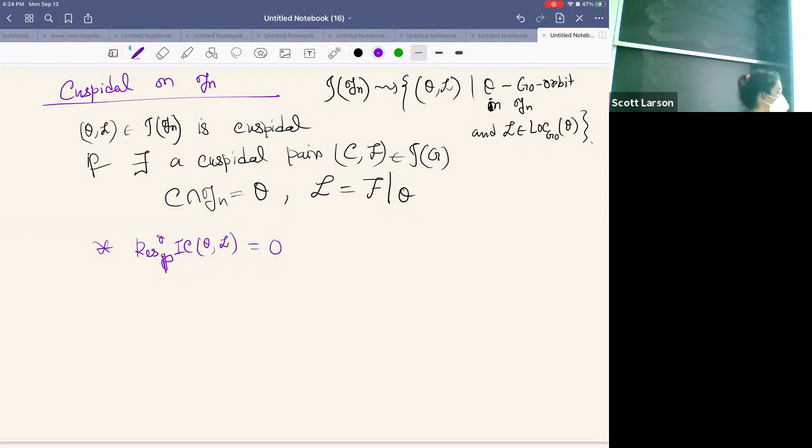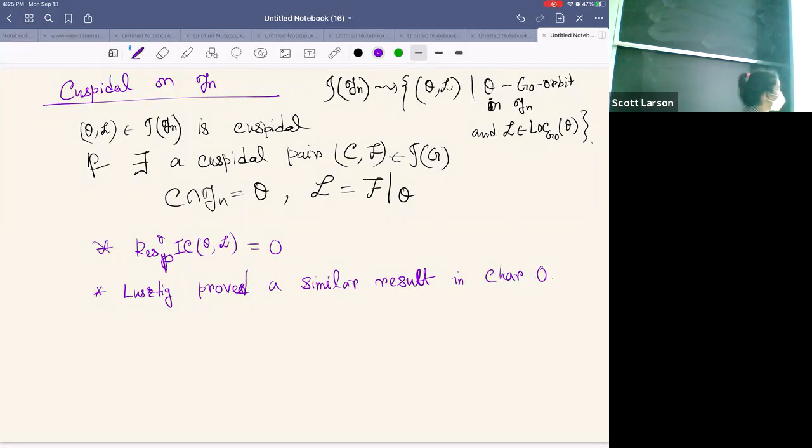So if this is true in this setting, the way I defined cuspidal, Lusztig proved a similar result, but not exactly this result, in characteristic 0, which is not exactly the restriction functor.